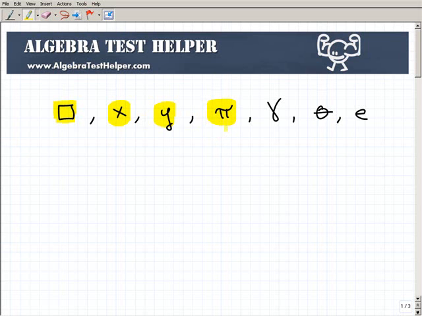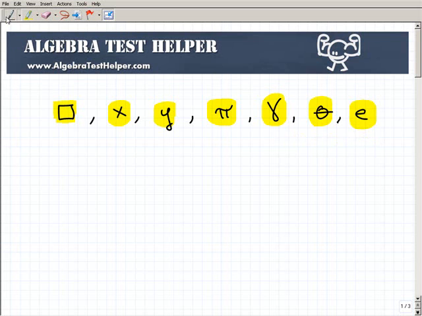So instead of writing that number, we just assign a symbol to it, a variable. So here's another one, and here are some others. You might see these in trigonometry: theta, gamma, and then another extremely important one in math, e. But the most important thing that you have to realize is that variables represent a number.